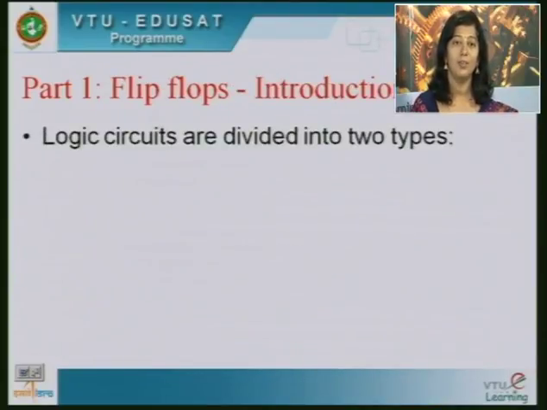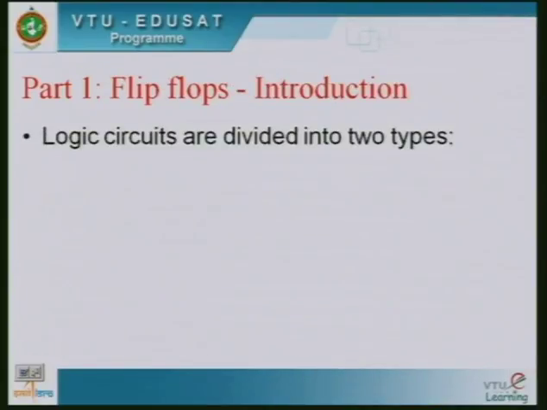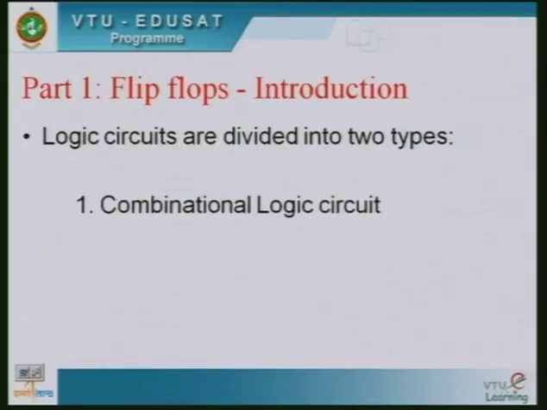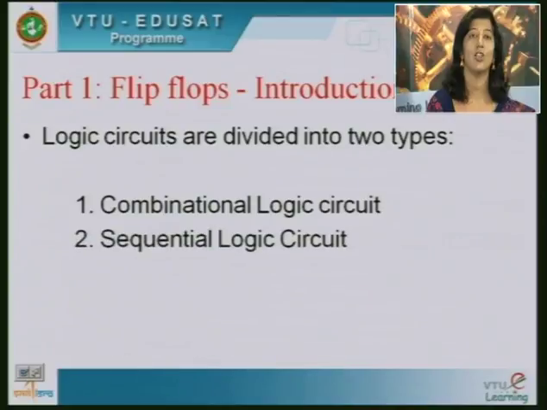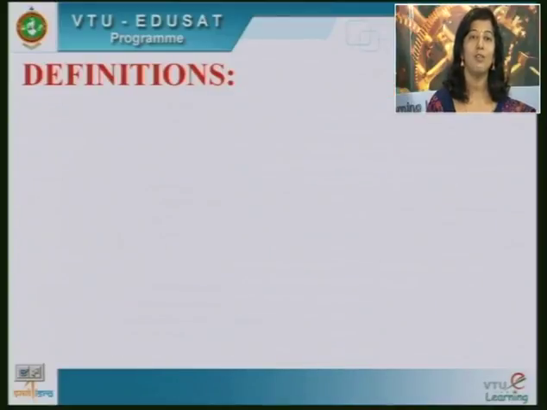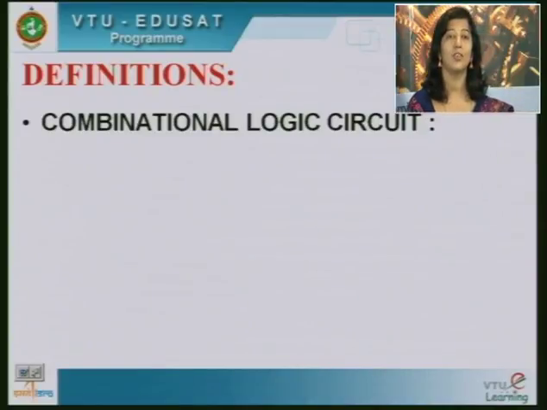So let's see what flip-flops are. We already know that logic circuits can be divided into two types: the first is the combinational logic circuit and the second is the sequential logic circuit. What do we mean by a combinational logic circuit?